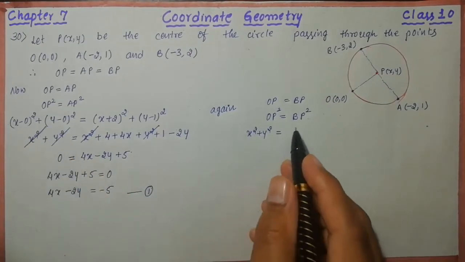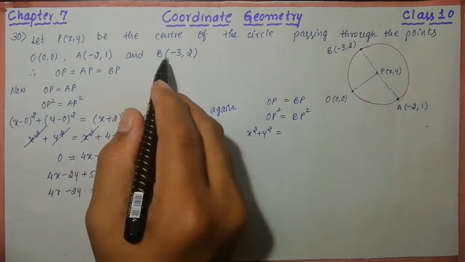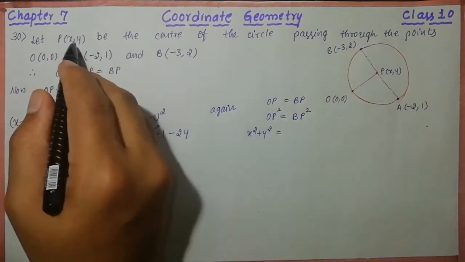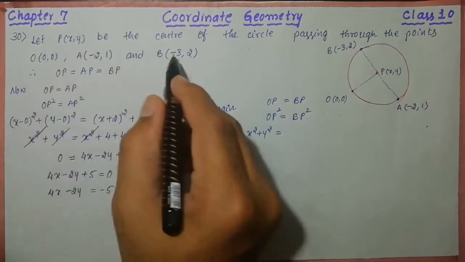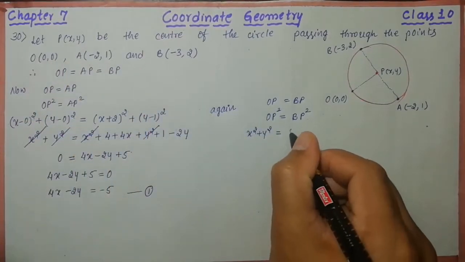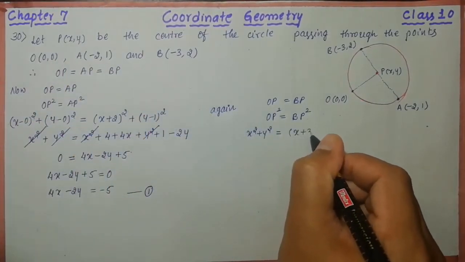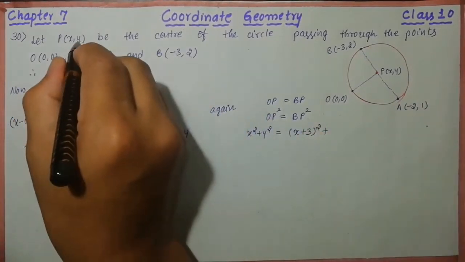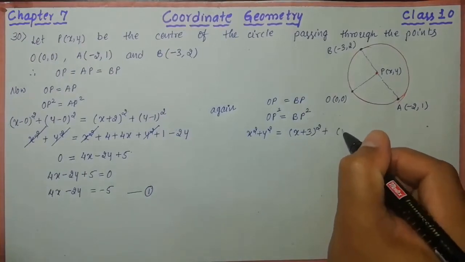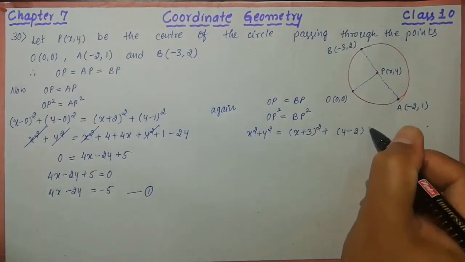I have written directly. Now BP square means B and then P. So now (x1, y1), (x2, y2), x minus of minus 3, it will become x plus 3 whole square, and then plus next y minus 2 whole square.